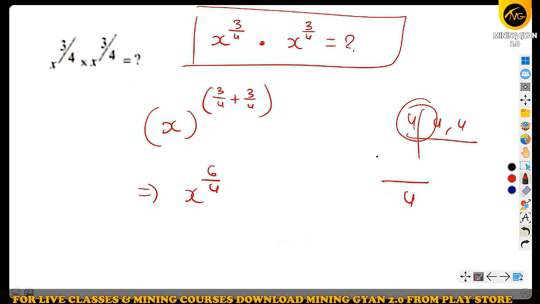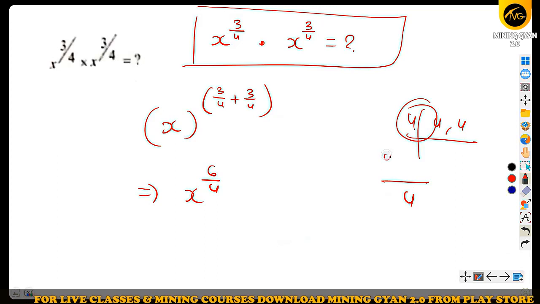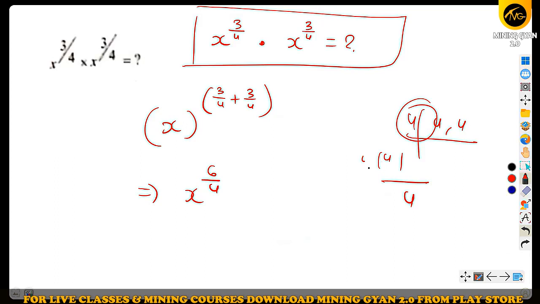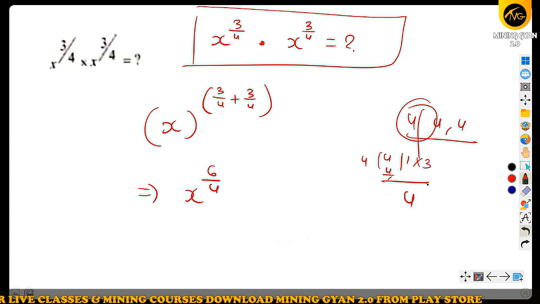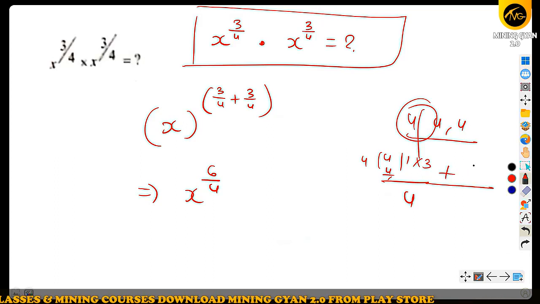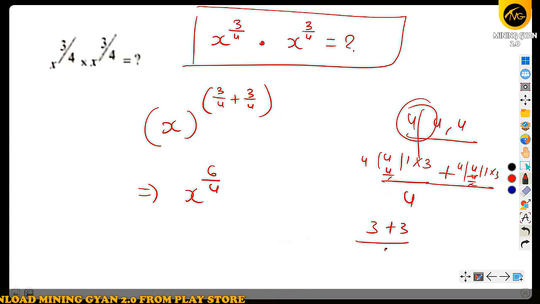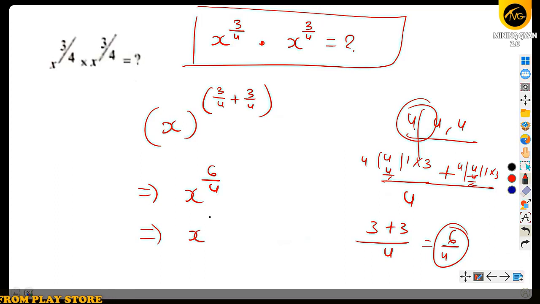So 4 divided by 4 is 1, and 1 times 3 is 3. Similarly, 3 plus 3 divided by 4 is equal to 6 divided by 4. So x power 6 divided by 4, that means x power 3 divided by 2. This is the answer.